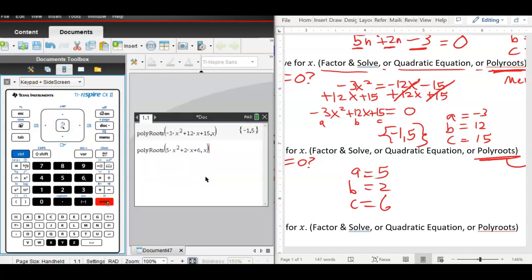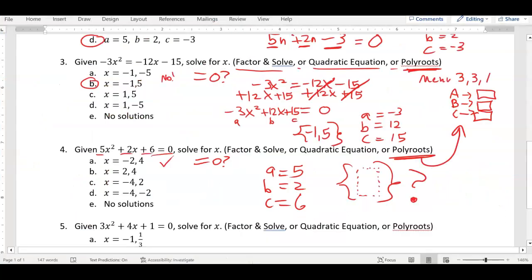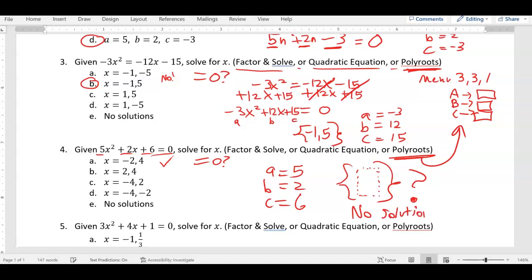Enter, enter. I hit one more enter, and what do you see there? What does that mean? Well, as you can imagine, that means no solutions. Cool. So if you get a blank box, you end up getting no solutions.